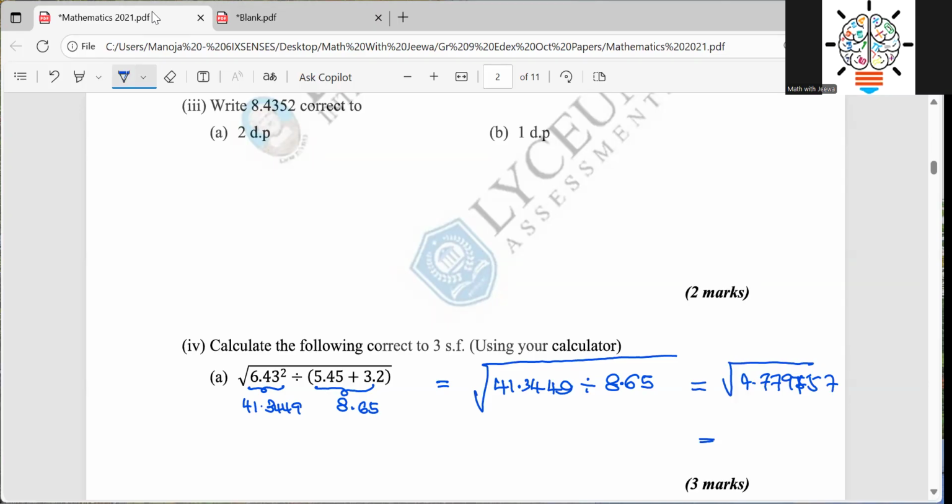So then 41.3449 divided by 8.65 gives 4.779757. The square root of that gives me 2.1862.